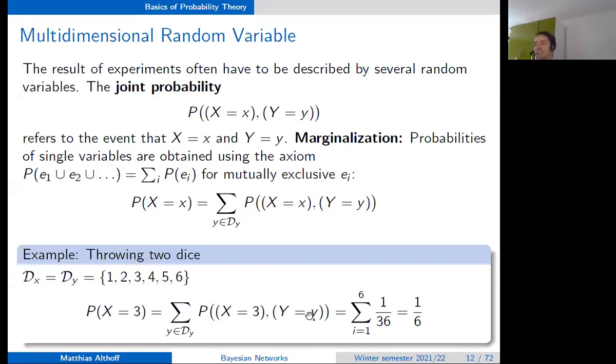Die, yes, it's a die. And by doing that, we sum 1 over 36 six times and get 1 over 6, which of course is, as expected, the probability for throwing the value 3 with the first die.